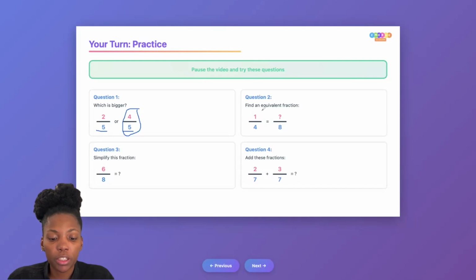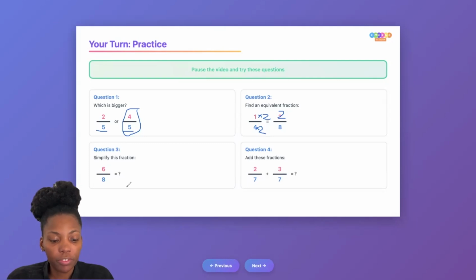So we're going to multiply the first number by 2, and that gives us 2. And then obviously we'll also do the same thing here. We'll times it by 2, which will give us 8. And it's already been done for us. So the equivalent fraction to 1/4 is 2/8.